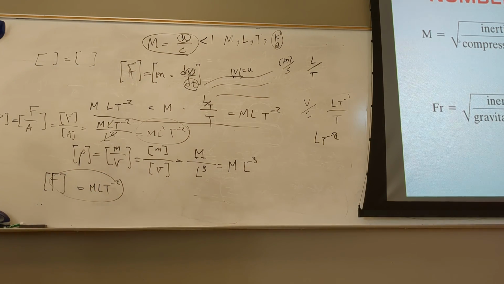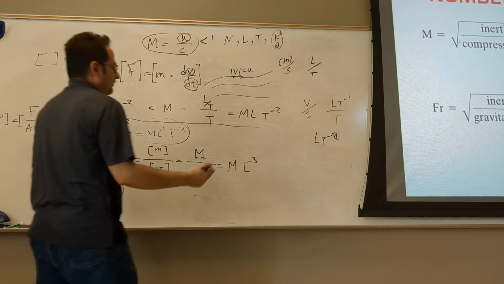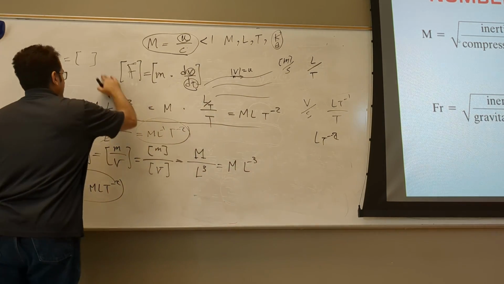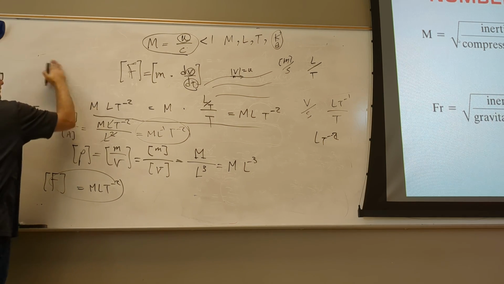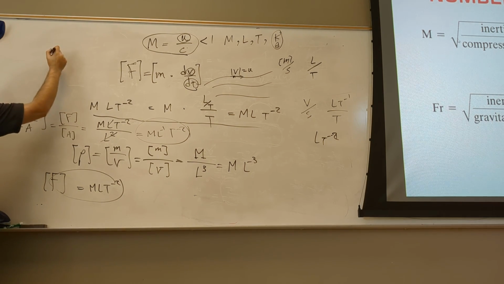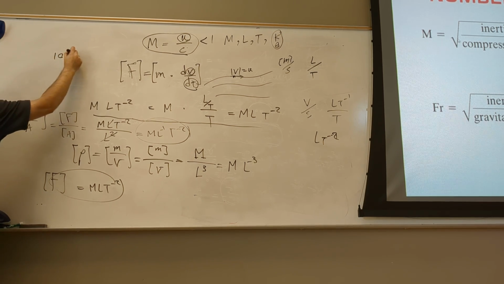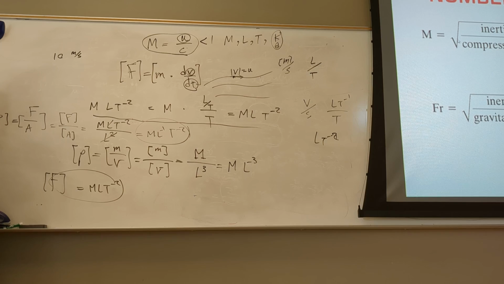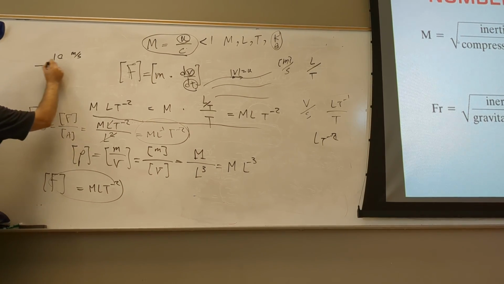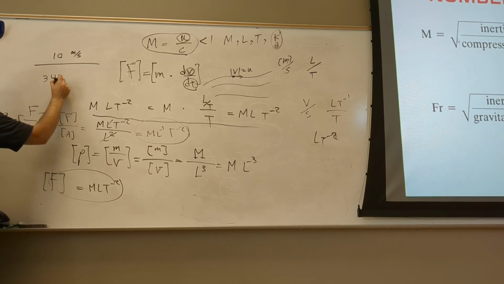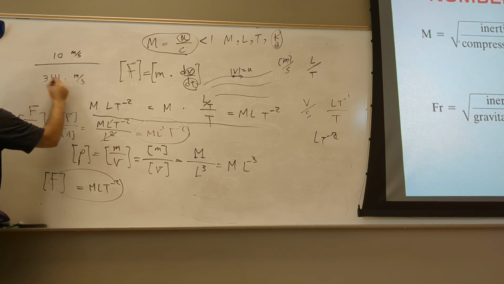Let's say the speed of fluid is like the wind tunnel, say 10 meters per second, against 341 meters per second.